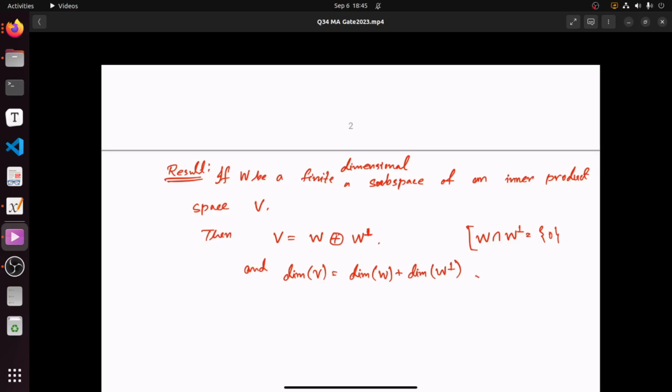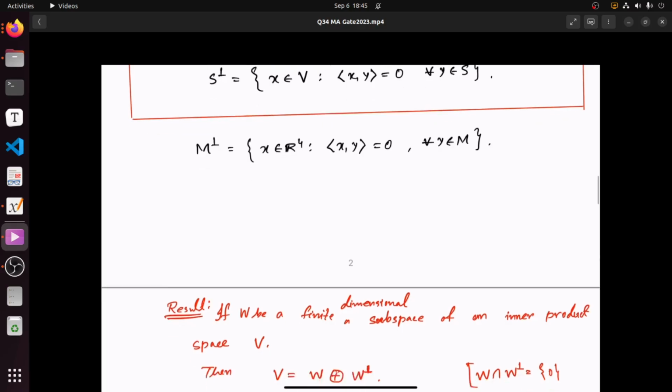Okay, we will use this result to find the dimension of M perp.